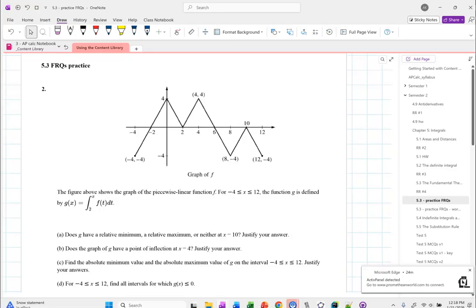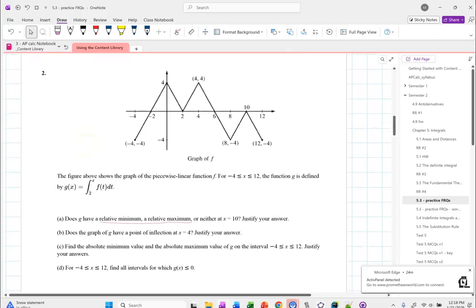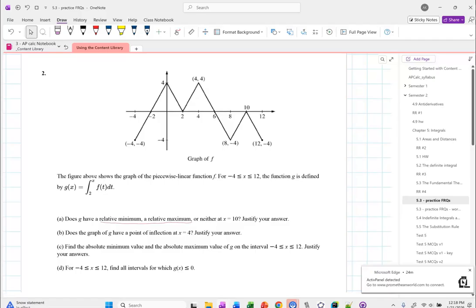So what do I need to do to check to see if G has a maximum or minimum? I need to look at the critical values of G, right? What are the critical values again?